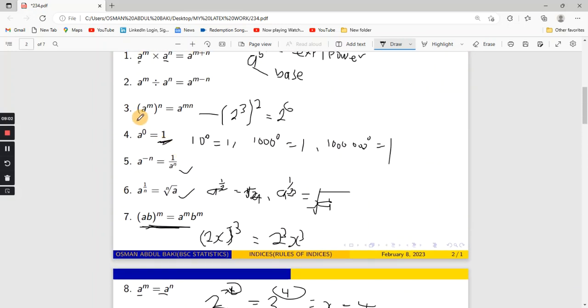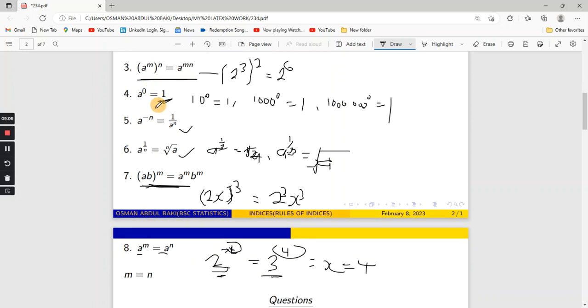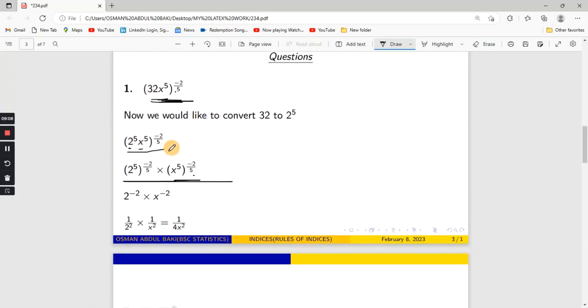Here we apply property 3, where a raised to the power n, raised to the power m, is the same as a raised to the power n times m.